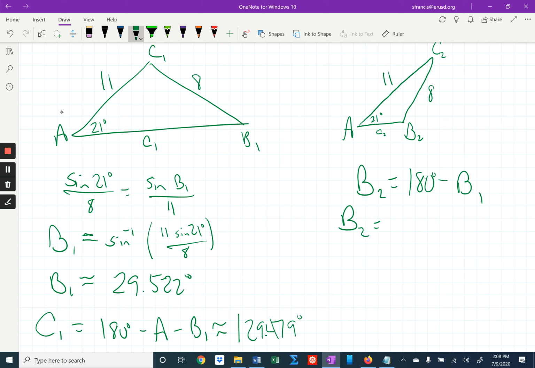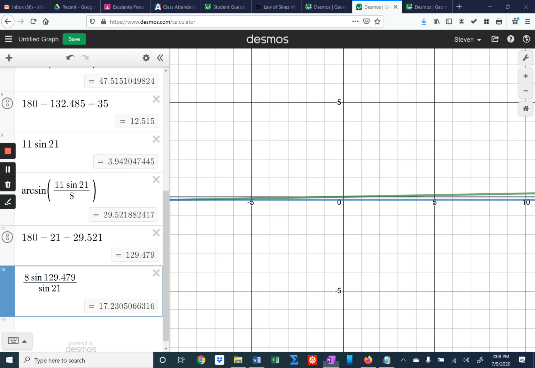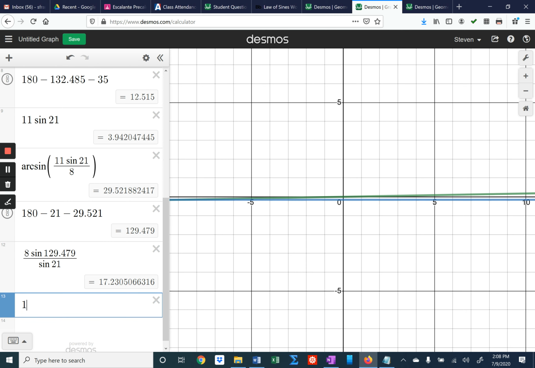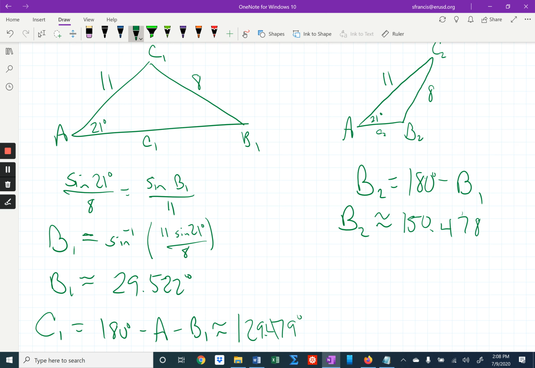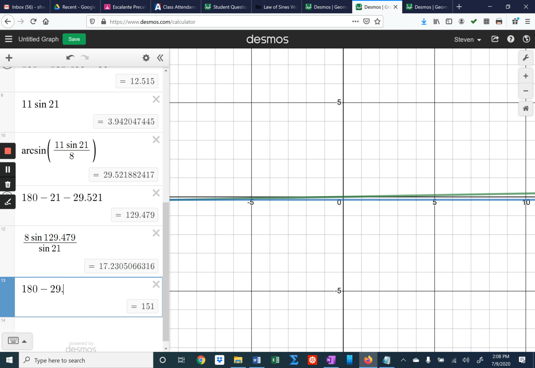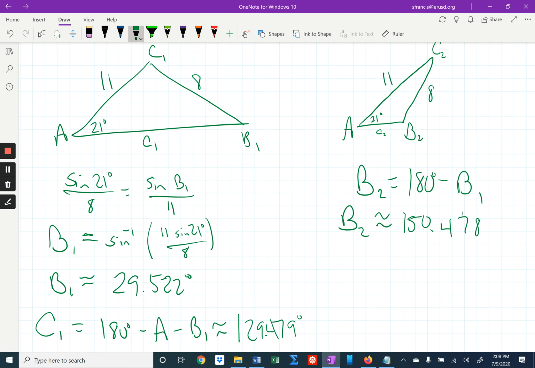So B sub 2 is going to be approximately equal to, so what's that going to be? 180 minus 29.522, 150.478 degrees.